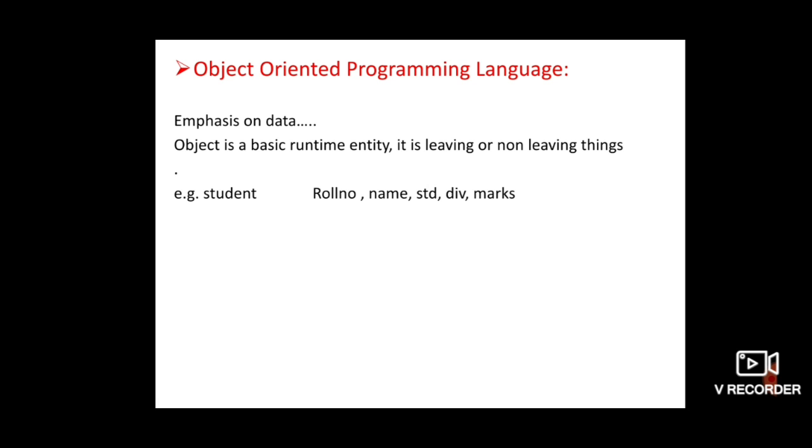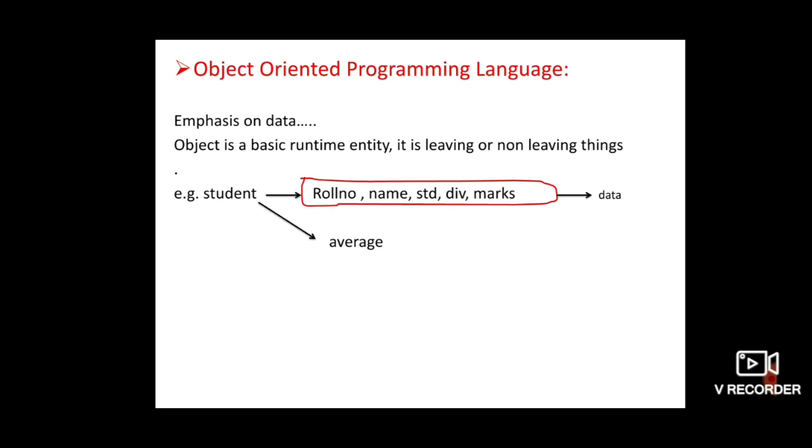Now one more thing which is related to the object. An object is always divided into its characteristic and its behavior. Here characteristic is nothing but its attribute, and its behavior means, suppose I am calculating the average of a student. This is data, also called a parameter.